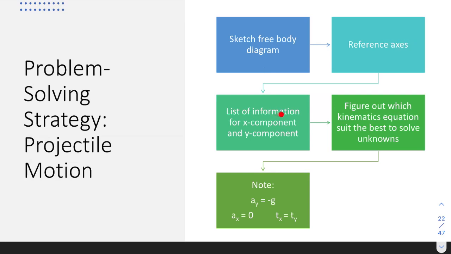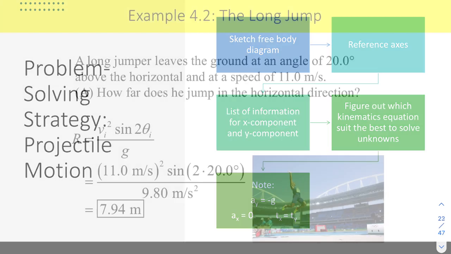Then figure out a list of the information for the X component and Y component given to you. Then figure out which kinematics equation suits best to solve the unknowns asked in the question. Always bear in mind that Ay is equivalent to negative g, Ax is equivalent to 0. The only thing that they share is the time.